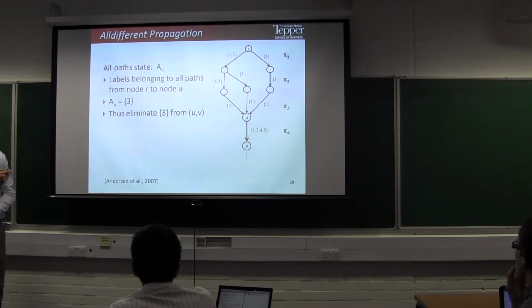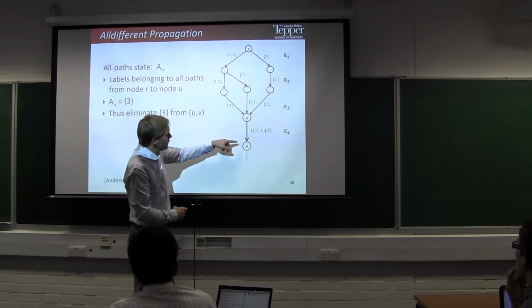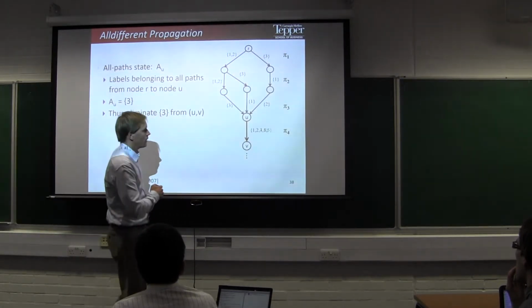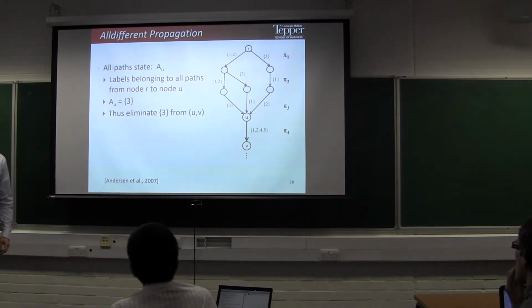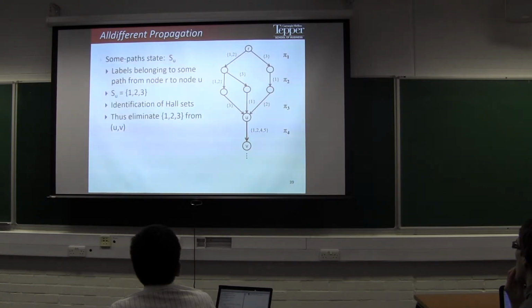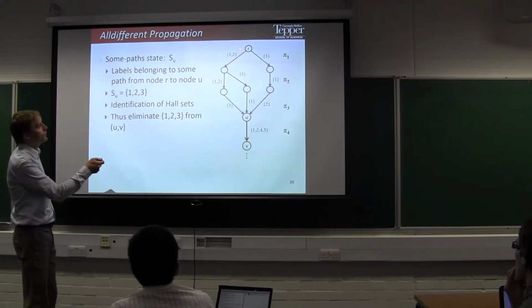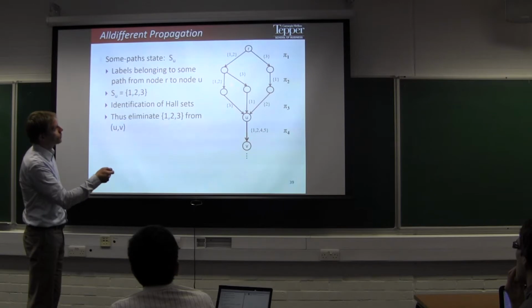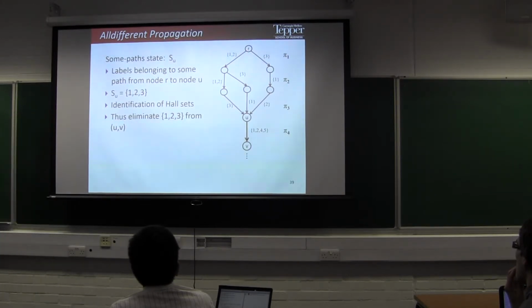Okay. And before, these were 5 parallel arcs, and now I kill 1 arc. Is it clear? Okay, good. Now you can do a little bit more, because I also can collect all the labels that occur on some path. For example, 1, 2, or 3 all occur on some path from R to U. And why is this useful?